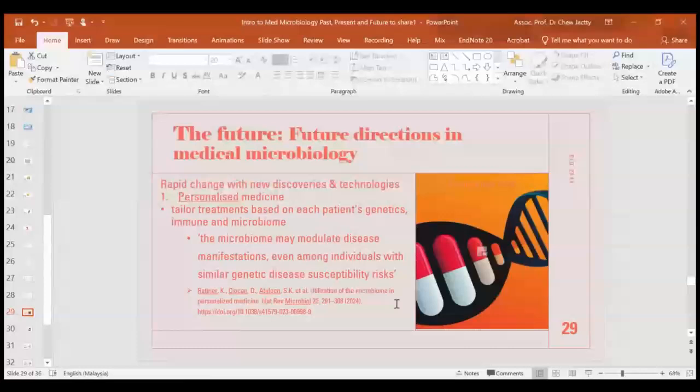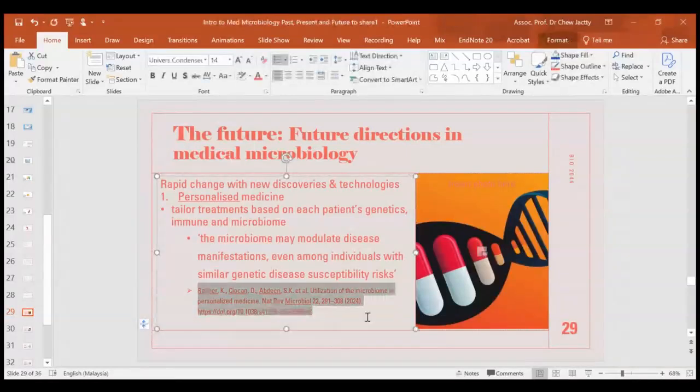So what we're looking at is the patient's genetics and the immune response. Again, this is the effect of the patient's genetics, but also the microbiome. This is what I see. The microbiome in different individuals varies. So I quote what is in the articles that I share here. These full articles are also posted on eLearn. The microbiome may modulate disease manifestation because of the microbes that you have in your body.